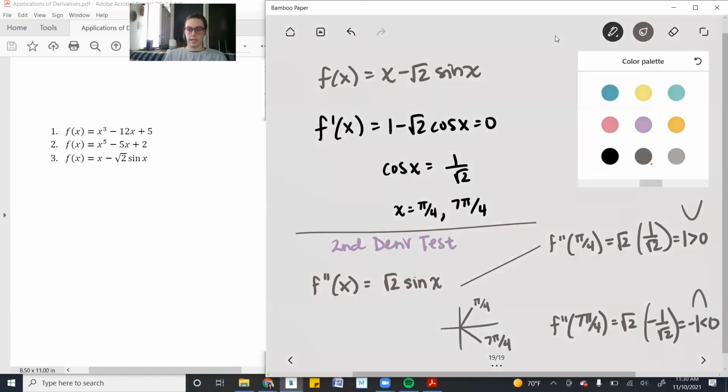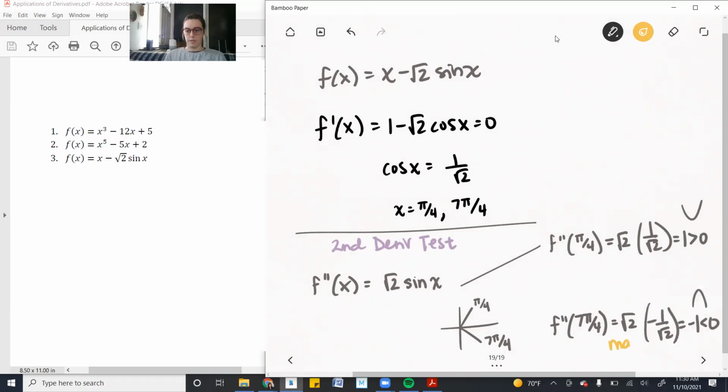So it looks like this will be the location of a max, and this will be the location of a min. So I can say f has, I'm just going to shorten it, min at x equals pi over 4, and max at x equals 7 pi over 4.